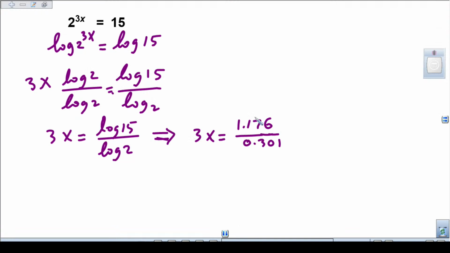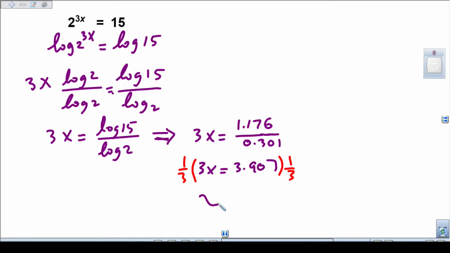I've got 3x equals. Can anybody give me the value for this? 1.176 over 0.301 equals 3.907. That's 3 x's, so I need to multiply both sides by 1/3 to get rid of that amount next to the x.